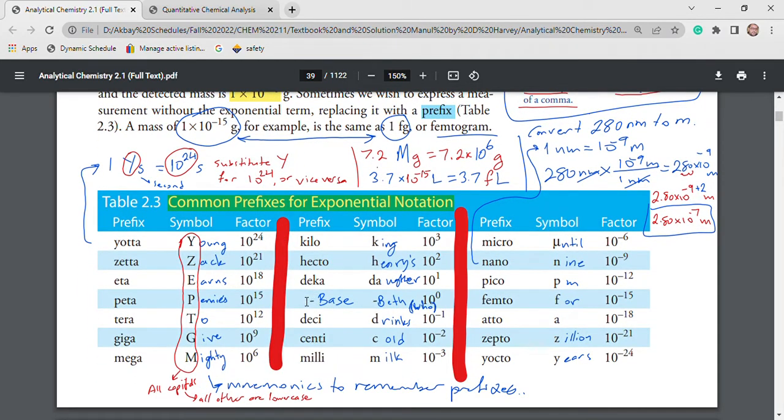And we have common prefixes that are used in the scientific community here, and actually everywhere.